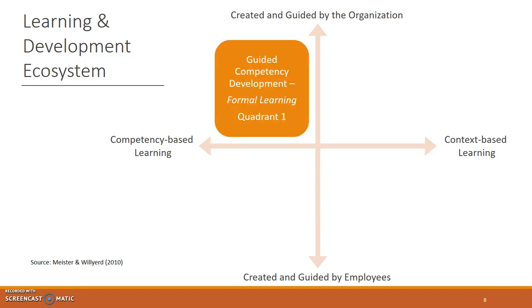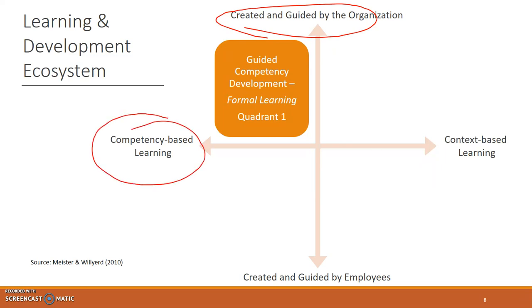The first quadrant is formal learning, or what the model calls guided competency development. It is created and guided by the organization, and it focuses on specific competencies.